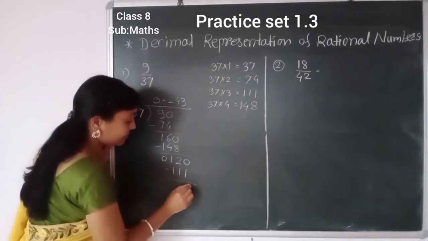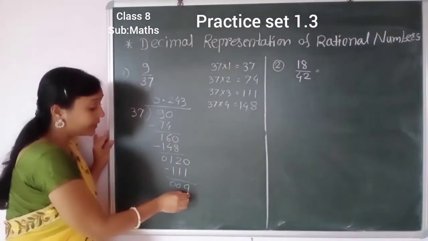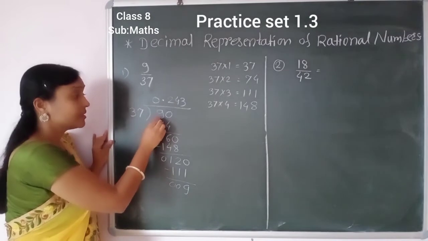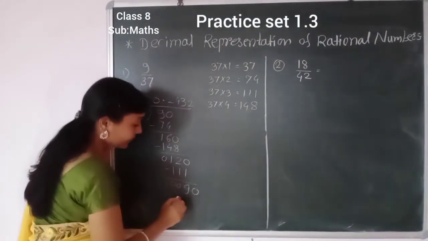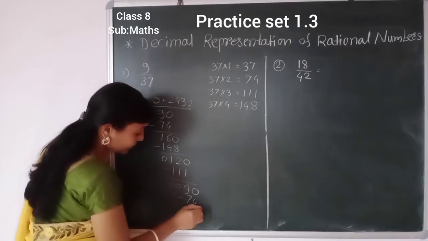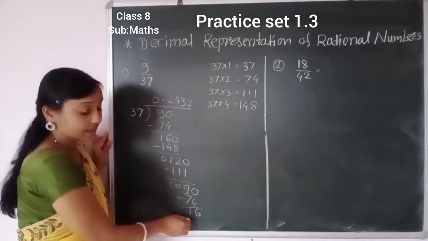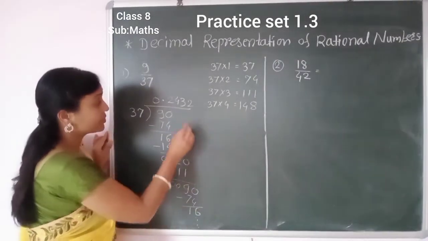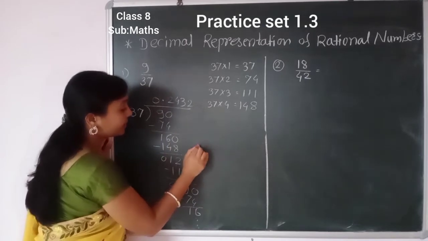We get 9, which means we have to repeat 9, the first dividend. Again we take 0, minus 74, again we get 16. This means the division is going on; it is a non-terminating number.